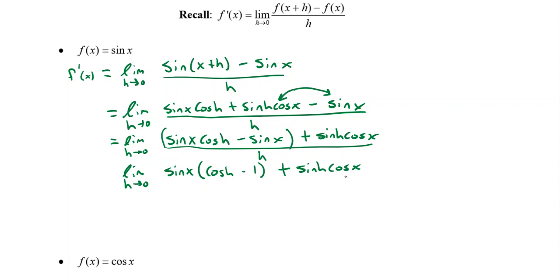Okay, and now that was all over h, but to save a little room here, that would be the same thing as having this term over h and this term over h. Just splitting those guys up.